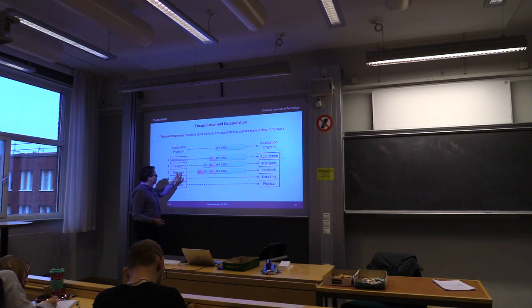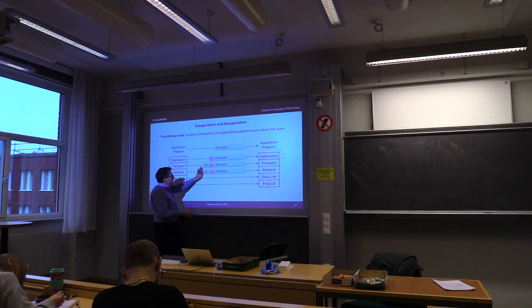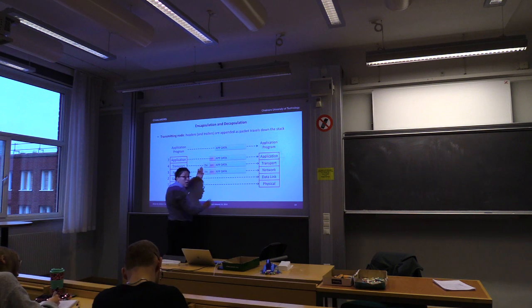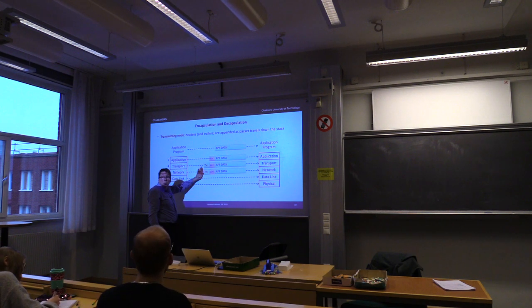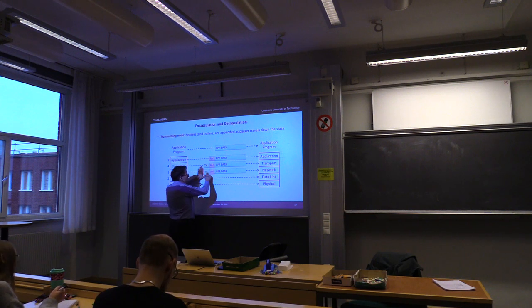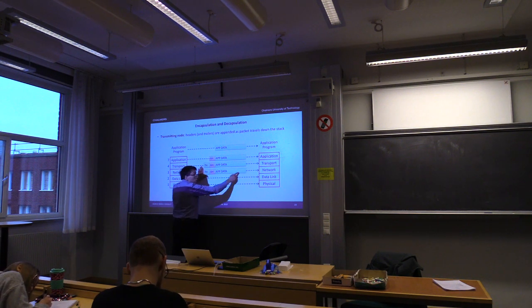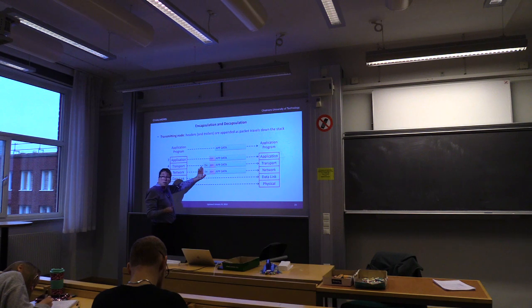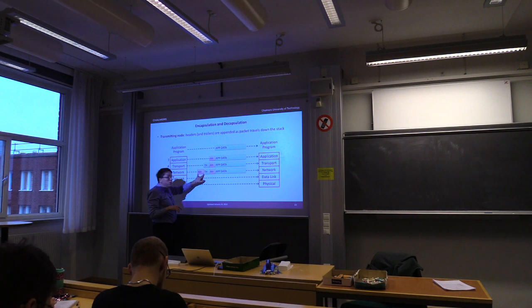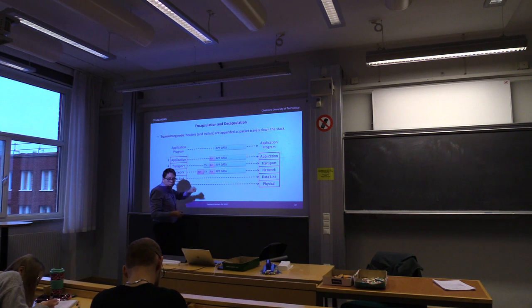So from the network layer's point of view, everything here is payload. Right? And then it just adds its own control information. So the network protocol should not mess with this data at all, should not use it, not modify it, don't do anything with it, just transfer it. And to do that, it needs to put on its own control information.